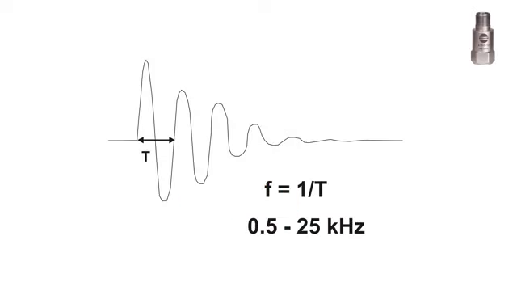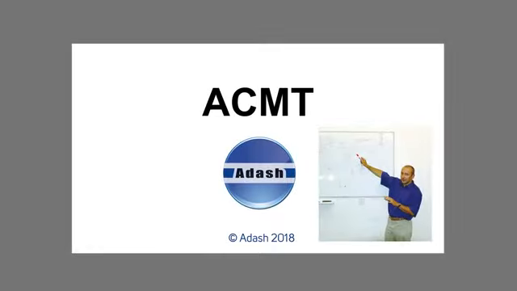The natural frequencies of shocks are very high, typically between 500 Hz and 25 kHz. We do not need to measure low frequencies.